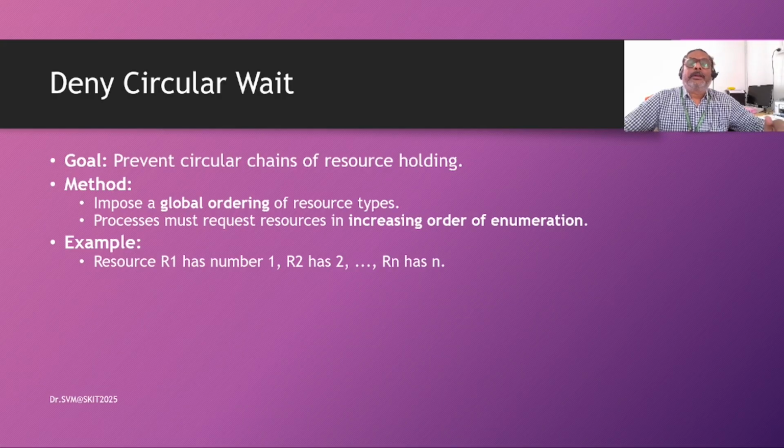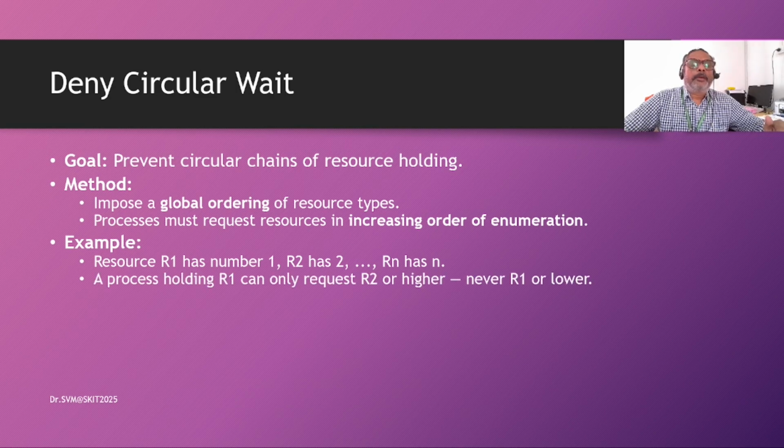Resources are numbered as R1, R2, R3 and so on, and a process holding a resource, say R1, can request R2, R3 or R4 only. So only the higher ones but not the lower ones. Say a process P1 is holding R5.